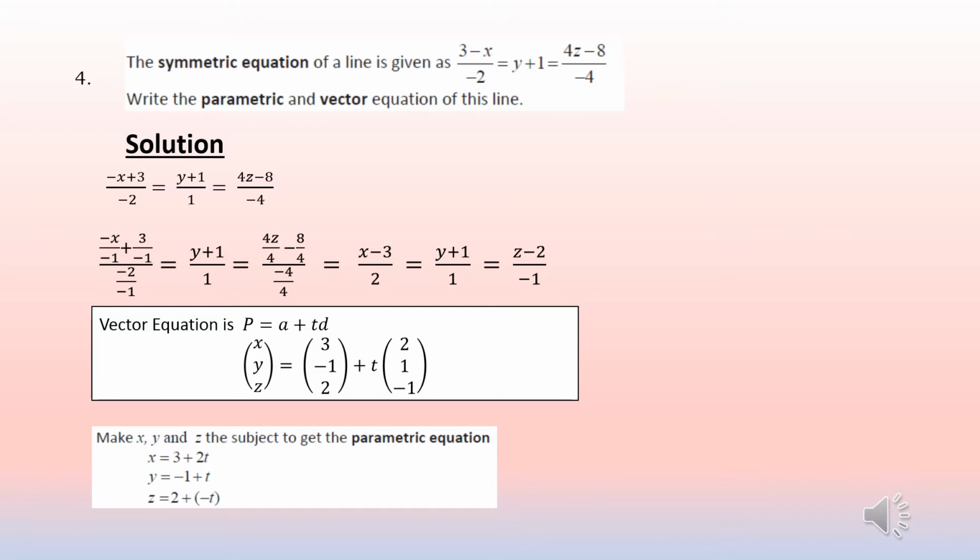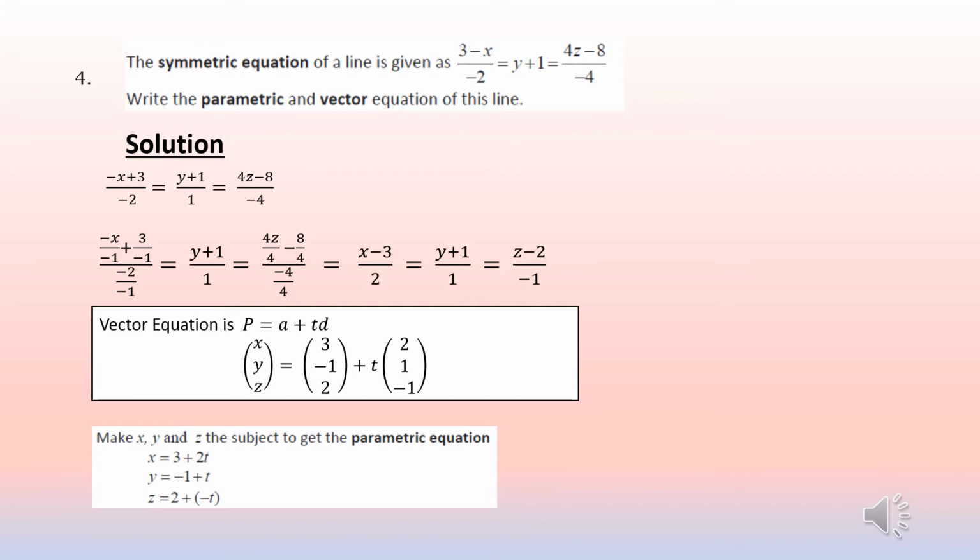Now looking at the second fraction, it already has the coefficient of y as 1, but we have to write that as a fraction, so that gives us (y plus 1) upon 1. And the third fraction, the coefficient of z is 4, so in order to get coefficient of 1, we have to divide every element of the third fraction by 4.